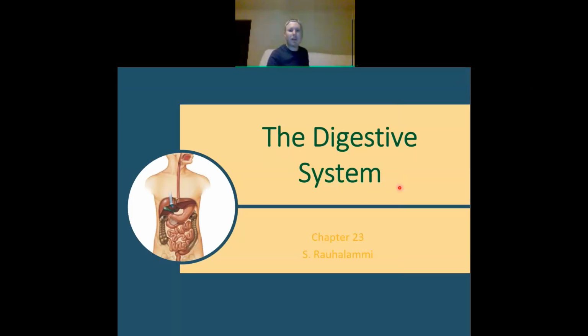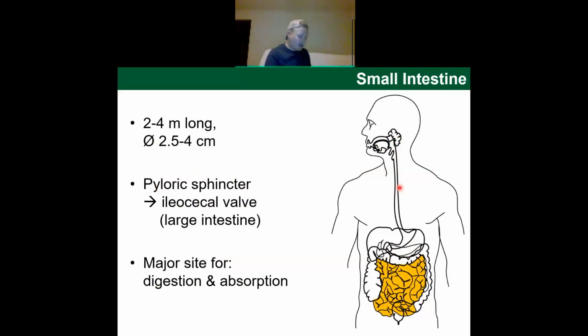So we're going to have a look at the small intestines. This is going to be much quicker. So small intestines start at the last part of the stomach, which was pylorus. It starts at the pyloric sphincter, and the first part was duodenum, and the last part of the small intestines is ileum.